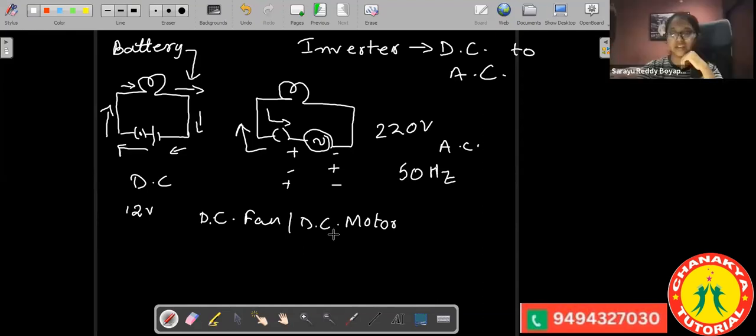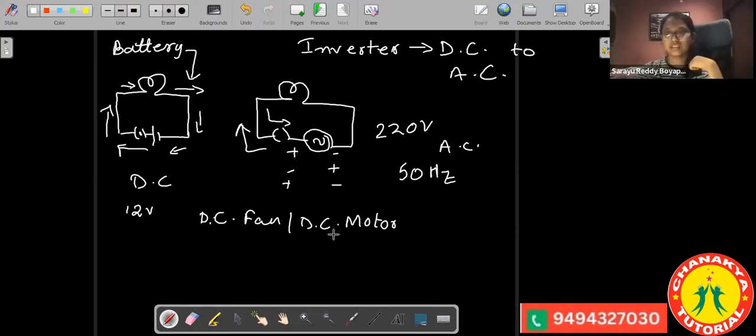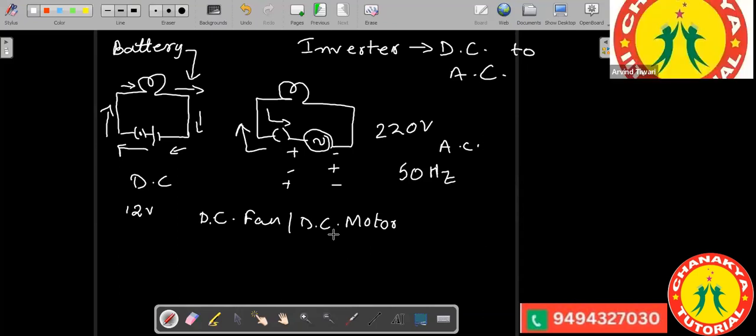There is a DC fan like a handheld fan, a small one. The handheld fan that you see is a DC fan. Yes, sir, I have it. Okay. So in that, if you change the polarity, if you change positive to negative and negative to positive, it will start revolving in the other direction. The direction of revolution will change.